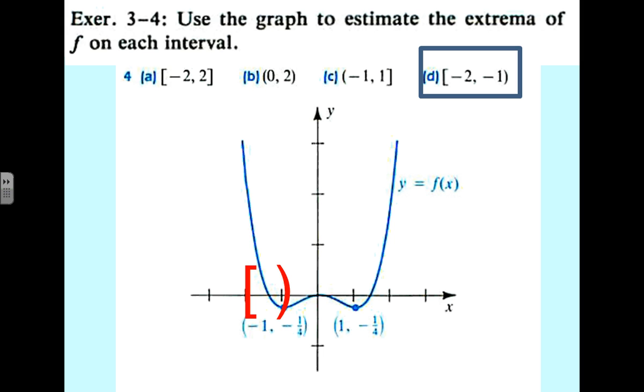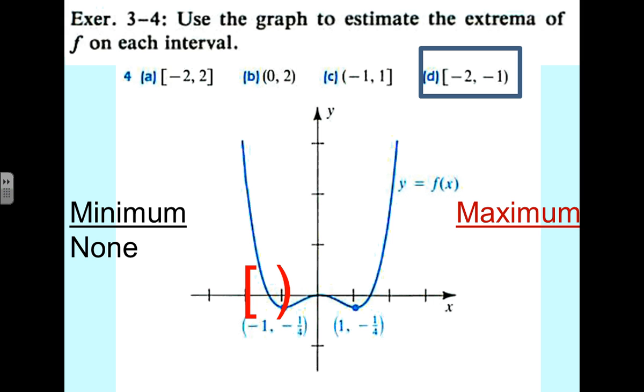-2 to 1. So it looks like there'll be a maximum, but not a minimum. Because there'll be an open circle down here and a closed circle up there. So, maximum -2 and 2. Extrema of functions. Wait till the applications. You remember all the ones that you found the volume?